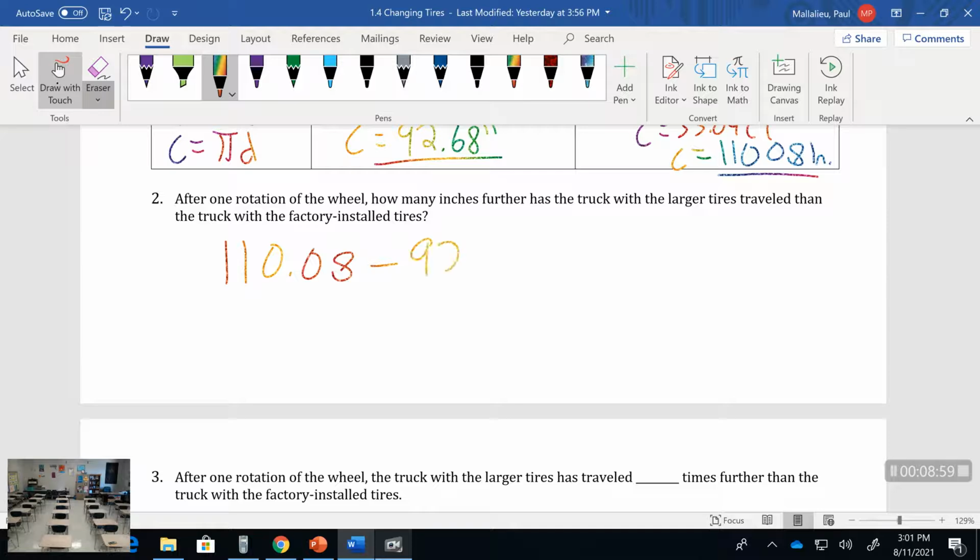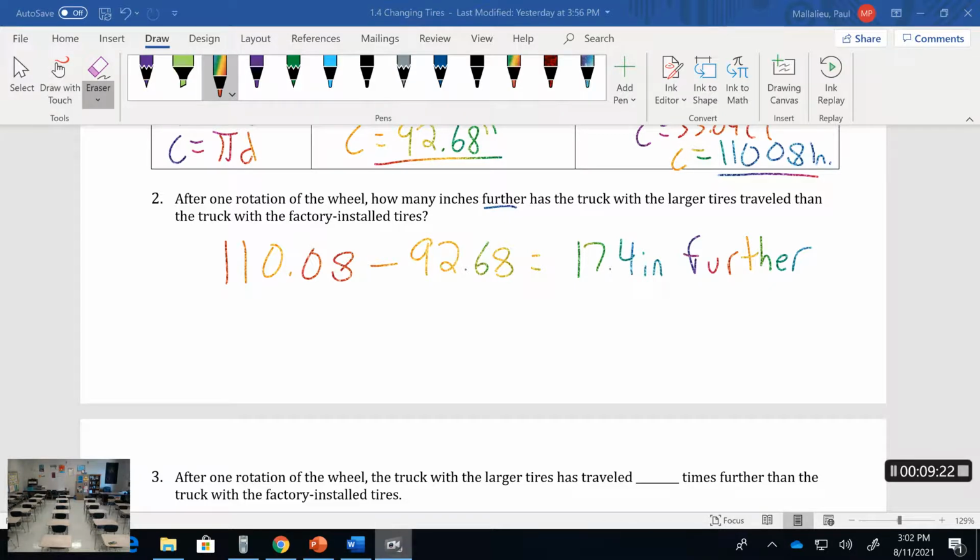And the smaller tire would be 92.68. And when we subtract those to see how much farther, you can see that the new tires would travel 17.4 inches further with each rotation.